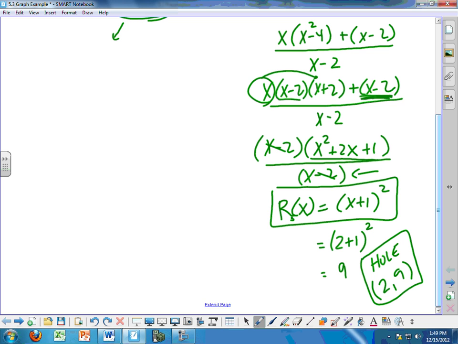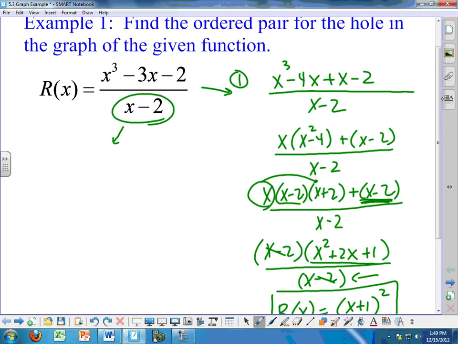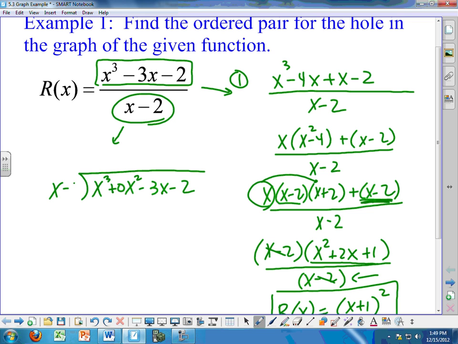Rather than doing it by trying to factor, since we know already that these are going to cancel out, we can simply take the original problem here, take the numerator, x cubed plus 0x squared minus 3x minus 2, divided by x minus 2, and we know we should come out with no remainder. In this case, x cubed minus 2x squared.